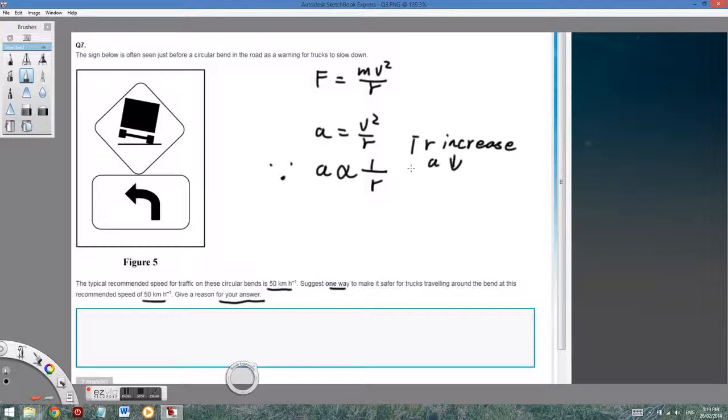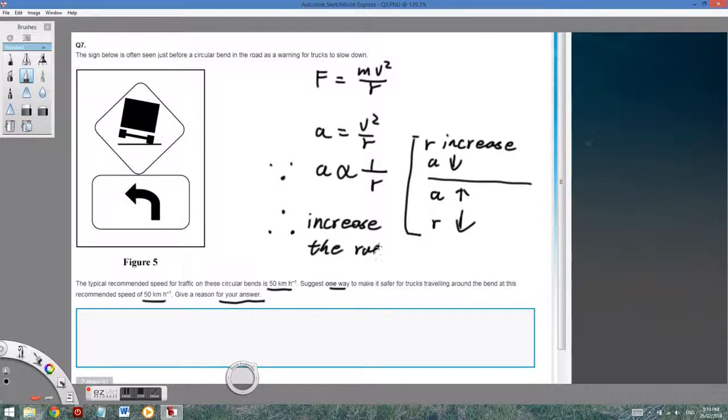Similarly, if acceleration increases, I need to decrease my radius. So if I want to be safer, a good way is to increase the radius. If I increase the radius, the acceleration will decrease and the force will decrease.